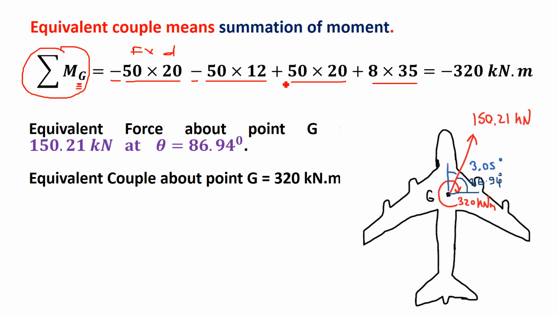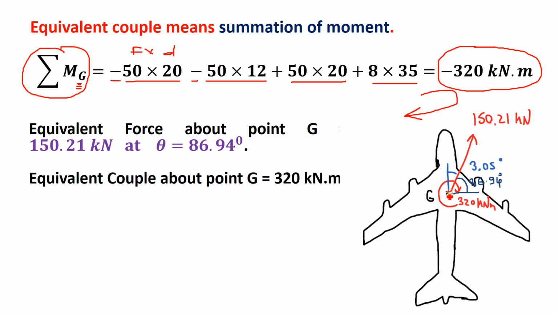So we get the moment equal to minus 320 kilonewton meter. The minus answer means this moment is clockwise.